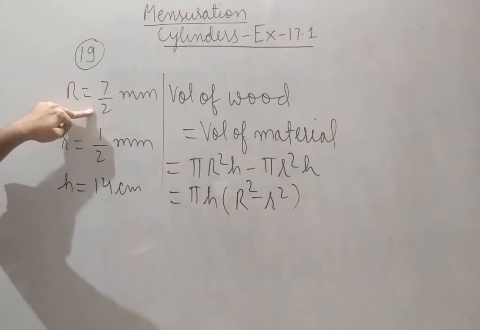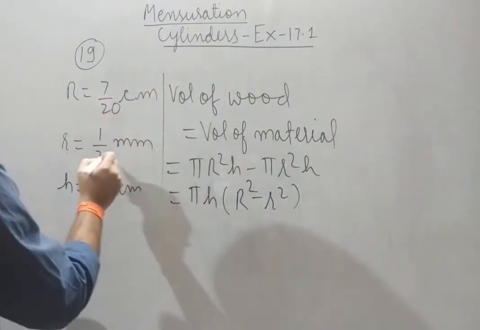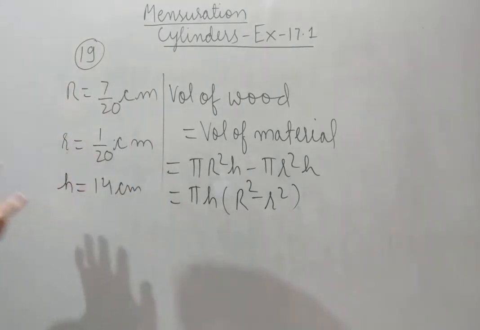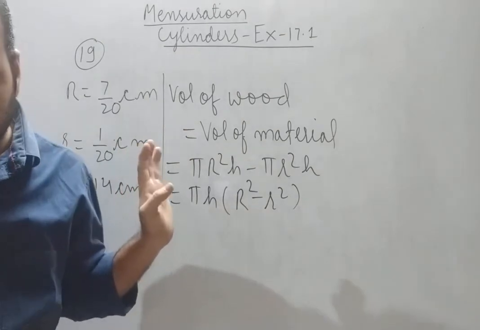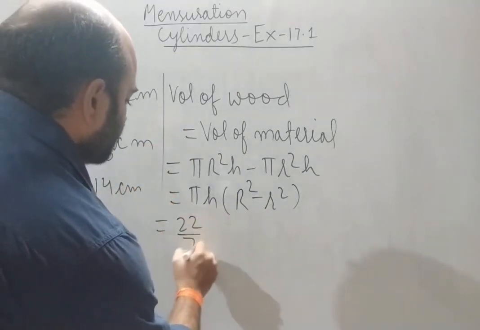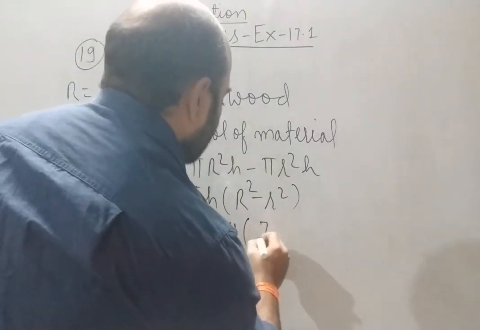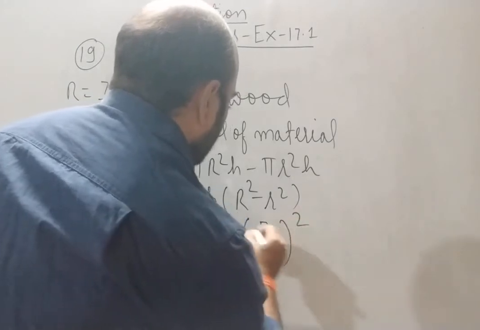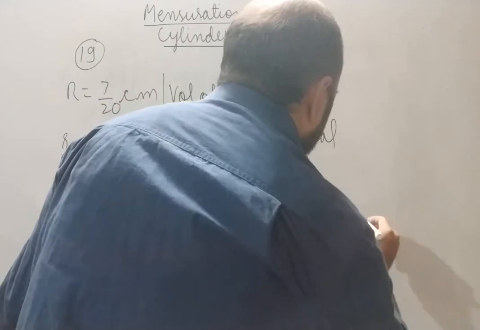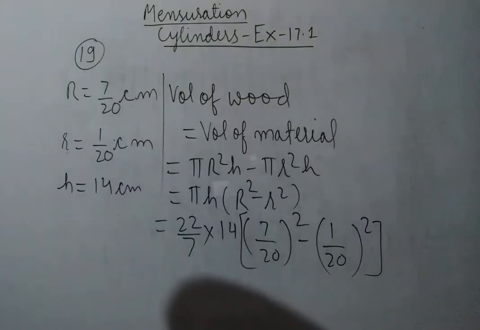So this will become 7 by 20 centimeter. This will become 1 by 20 centimeter. Now all are in centimeter. Length was given in centimeter. So substitute the value: 22 by 7 pi, h is 14, capital R is 7 by 20 whole square minus 1 by 20 whole square. Correct? Clear?